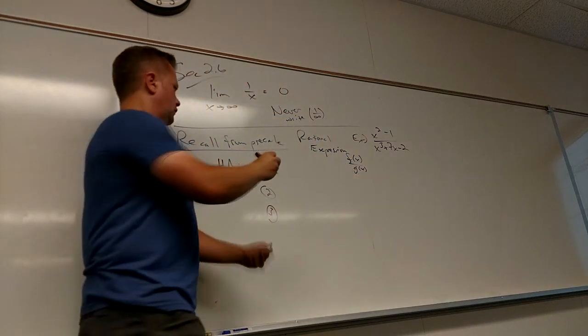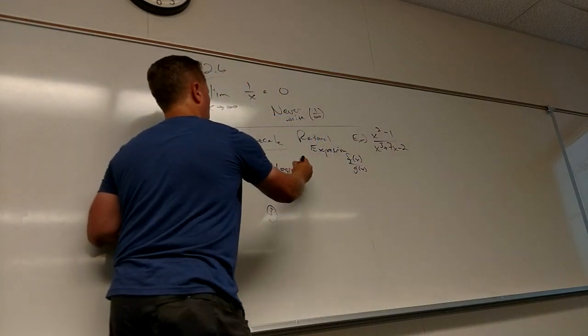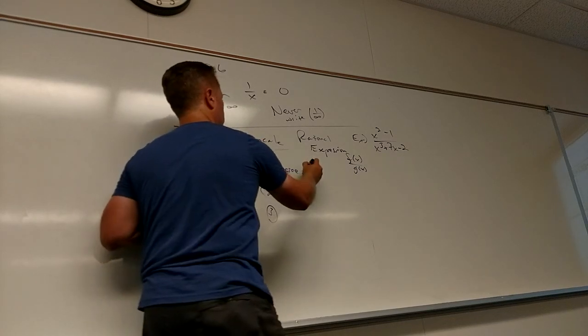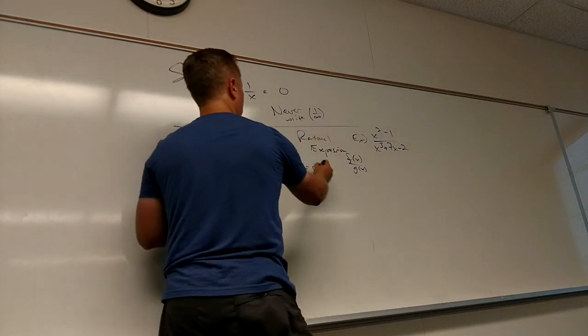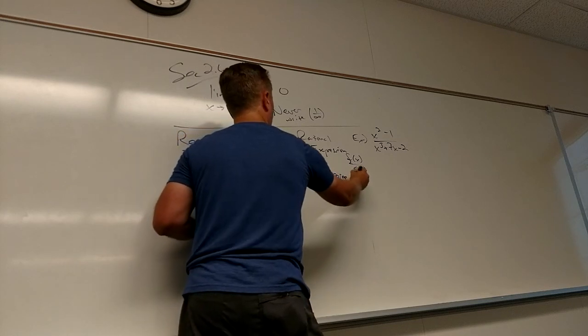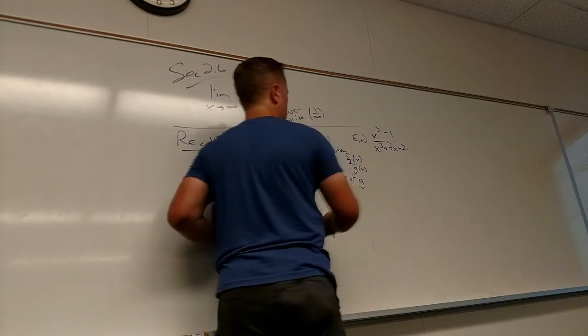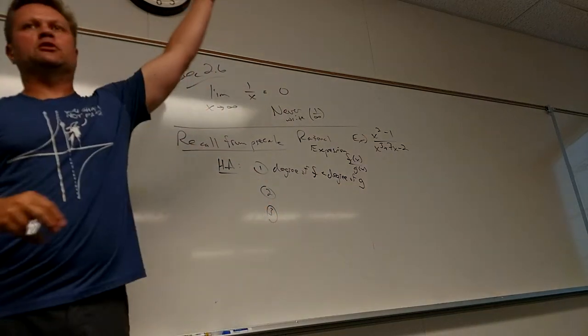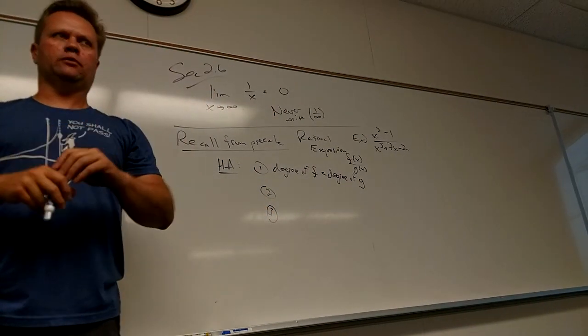If the degree of f is less than the degree of g, what would that mean? If the top degree is less than the bottom degree, who remembers what that means?